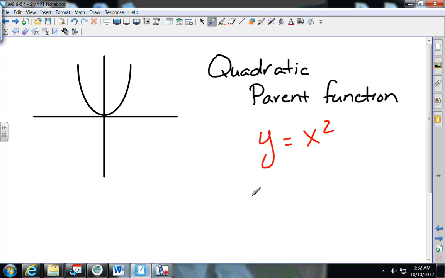Let's talk about a few things on the quadratic parent function. What is the vertex? In this case, on this graph, it is (0, 0).